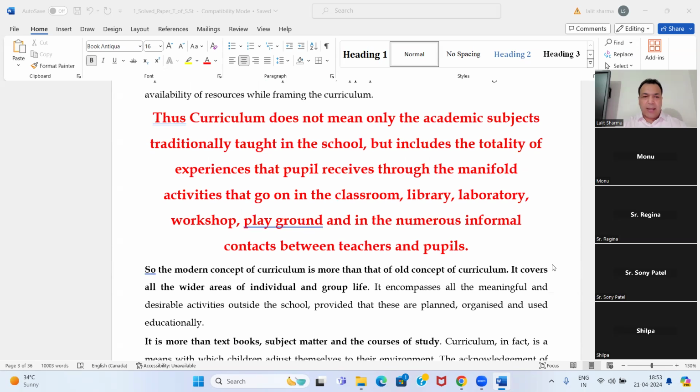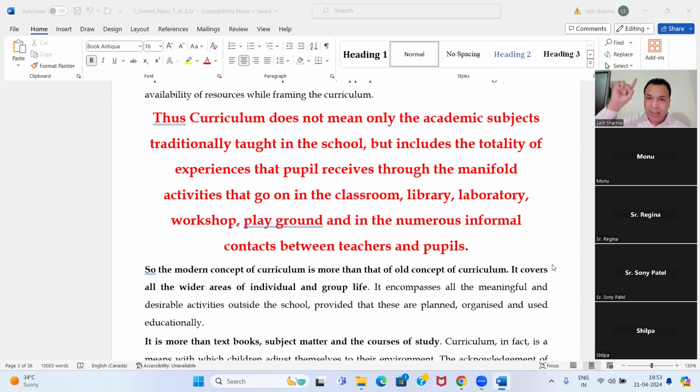So in last, you can say that thus curriculum does not mean only the academic subjects traditionally taught in the school, but includes the most important line. What is a curriculum? It includes the totality of experiences a pupil, meaning student, receives through the manifold activities that go on in the classroom as well as outside the classroom.